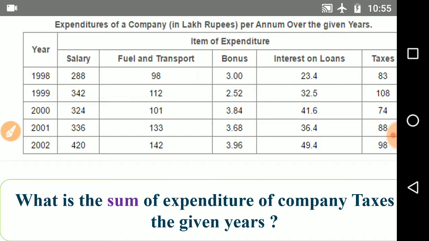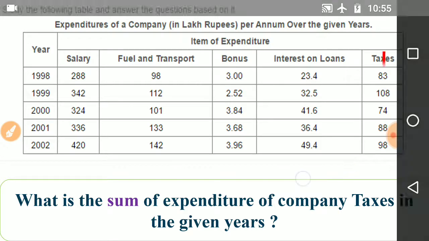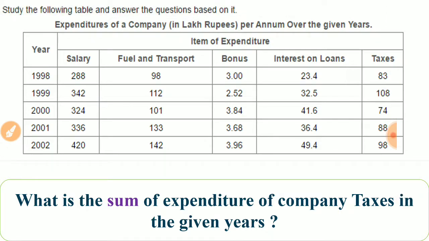Likewise we have the next box from top to bottom: fuel and transport expenditure, and the next box is about bonus given, so bonus expenditure, and the next one is the interest on loan given by the company in the 5 years, and the last box is about the taxes.